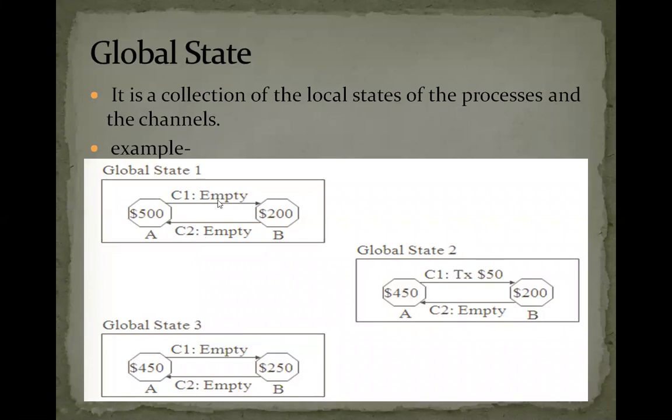Now, this particular figure shows the stage of the computation when 500 is being maintained by the account A, and 200 dollars has been maintained by B. Before we give this example, it is important to mention that the channel is working on the FIFO basis, that is first in, first out.